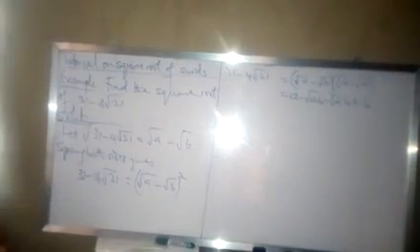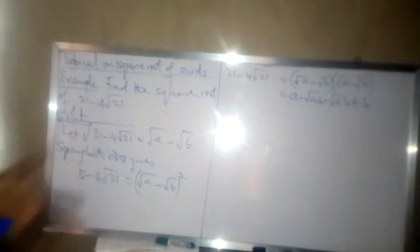Then minus root B multiplied by root A is minus root AB. Then minus root B multiplied by minus root B is plus B, because minus root B times minus root B will be root B squared, and root B squared is B.